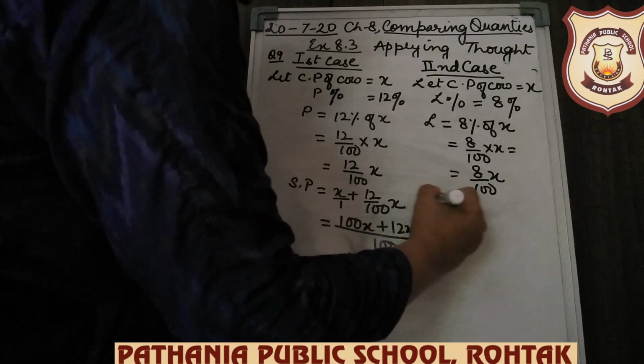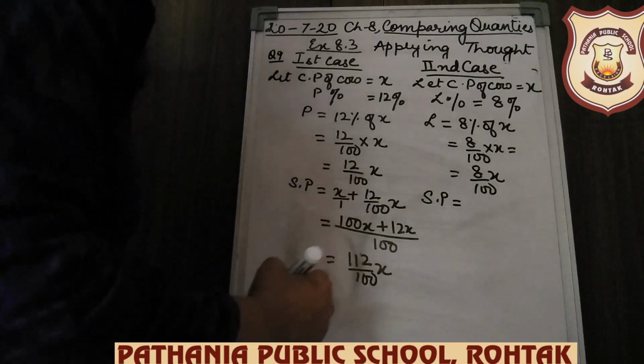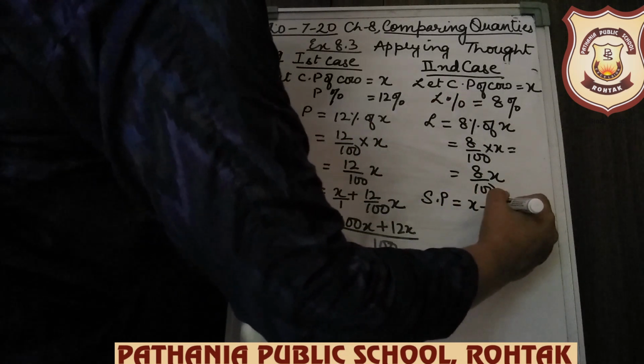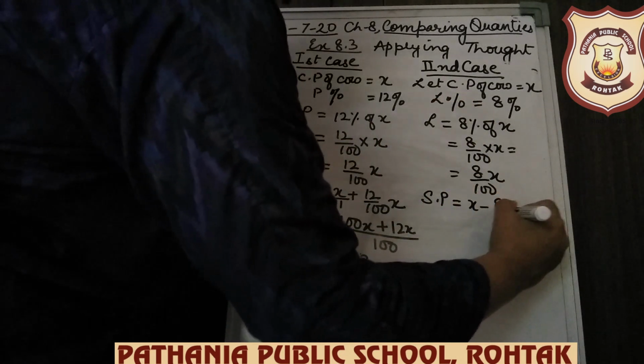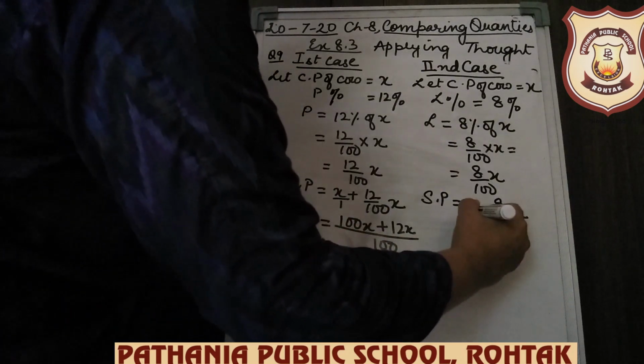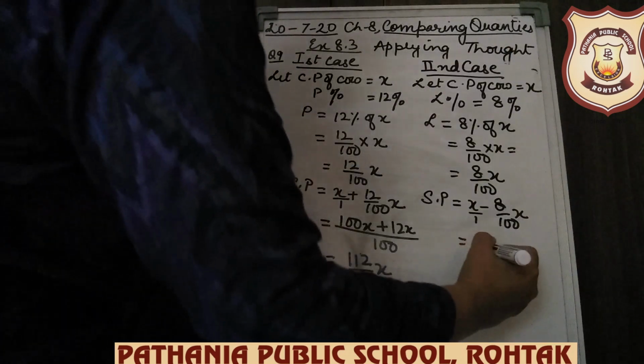Then what is the SP going to be? As there is loss, so CP minus the loss. So write 1 over here.